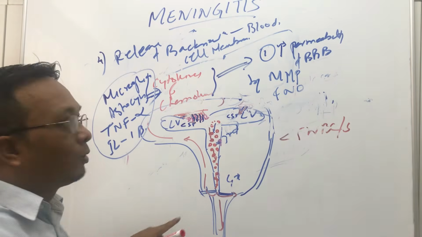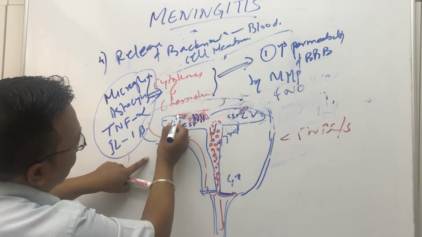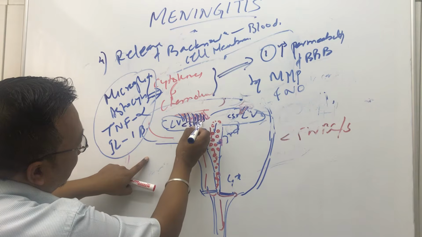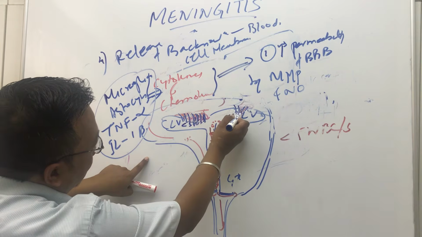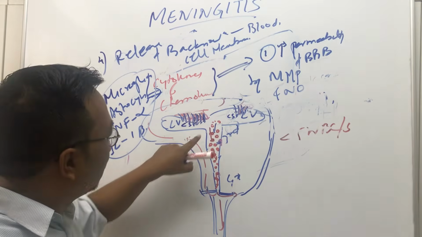So as a result, you can see the permeability is increased. Now lots and lots of CSF is coming. Lots and lots of fluid is coming.